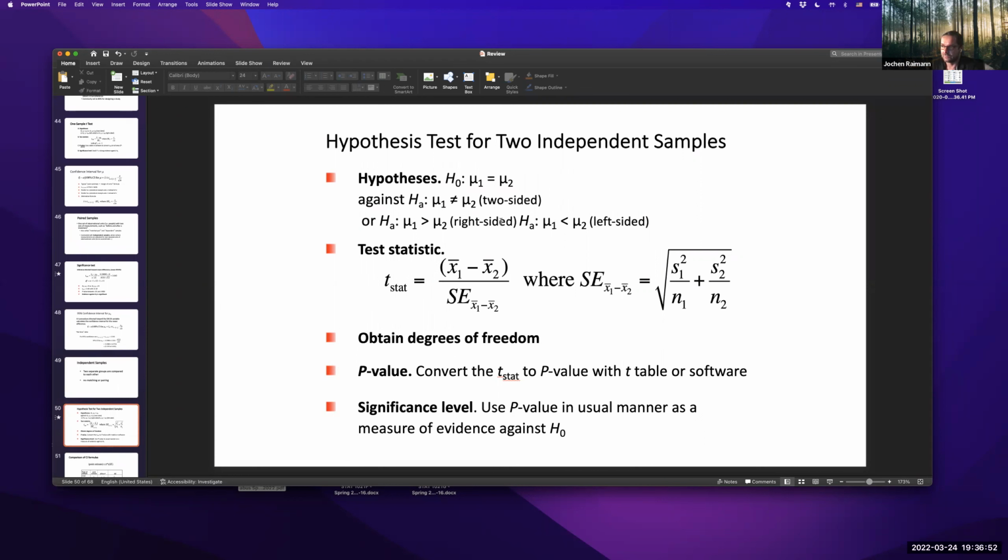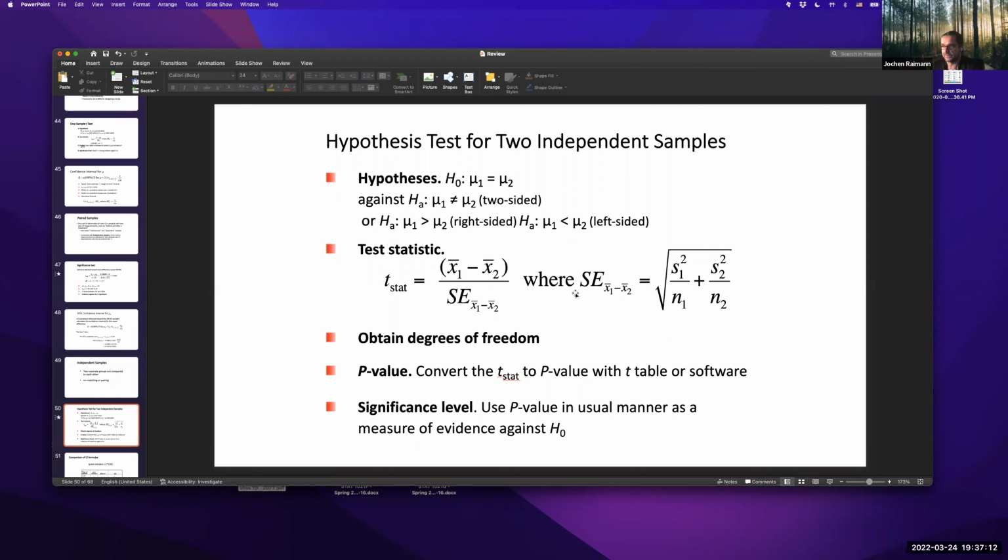It's calculated differently. So for independent samples, you need to adequately distribute your standard error of the means. You're basically doing that because both of these sample populations may be different in size, so they may have different sample sizes.